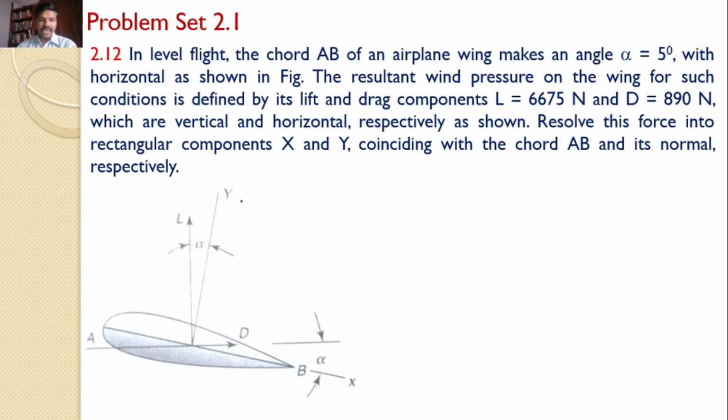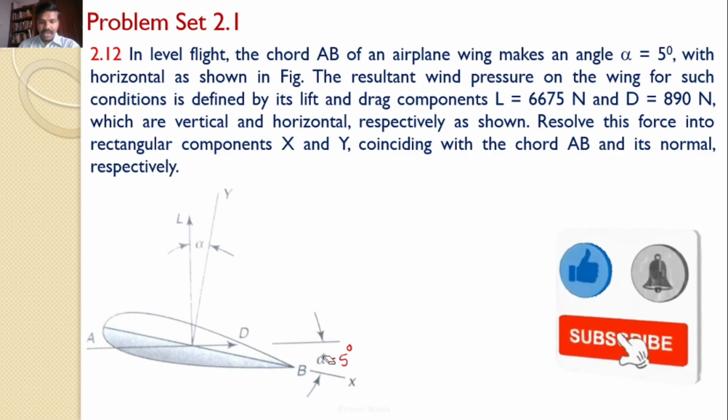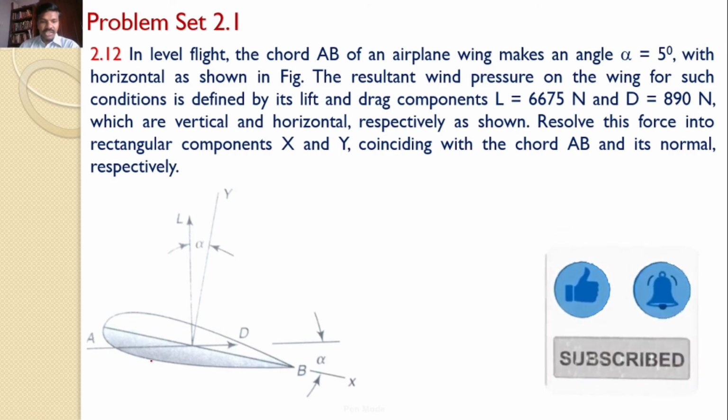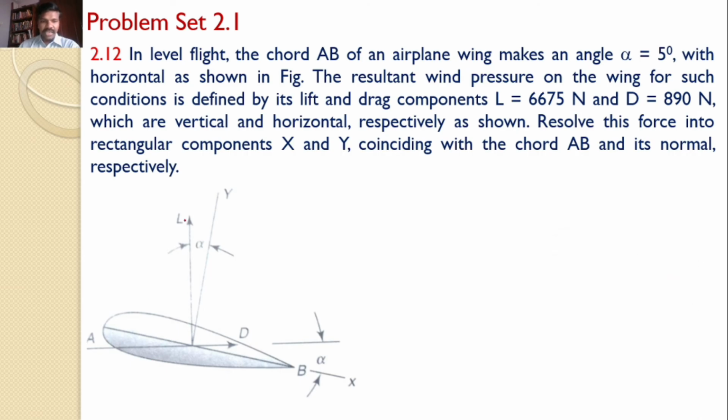Now, in this problem, there is a flight which is not horizontal. This makes an angle alpha equal to 5 degrees with the horizontal. Now the wind force is acting on the flight along vertical and horizontal, namely lift and drag force, with magnitudes 6675 and 819 newtons.